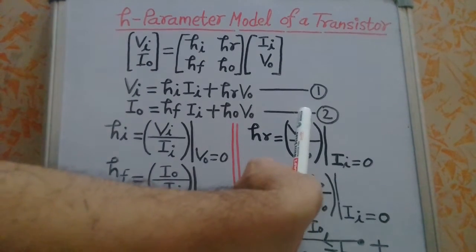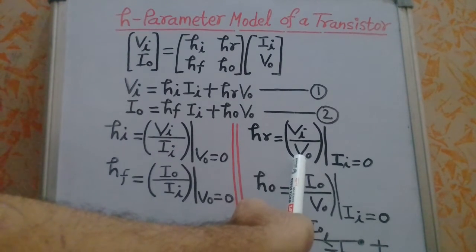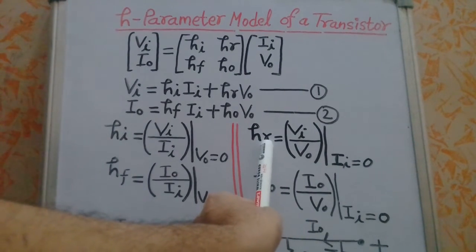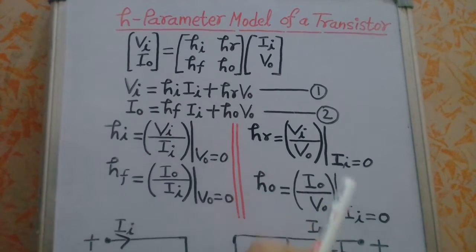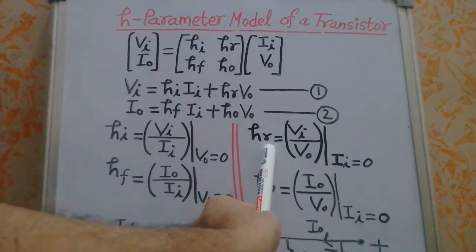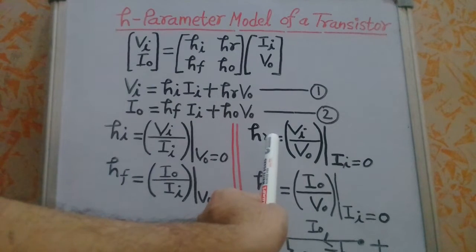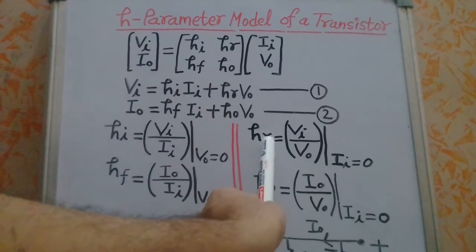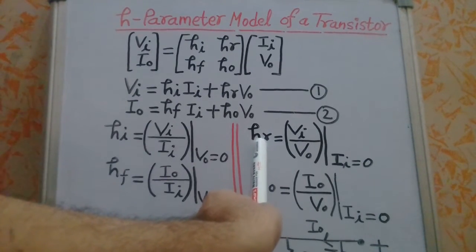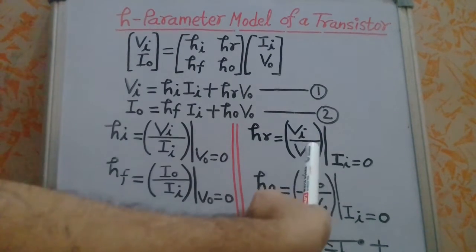Since it's a ratio of input voltage to the output voltage, that's why you will call it a reverse voltage gain. So what should be the name of this h parameter which is indicated by HR? It would definitely be reverse voltage gain.